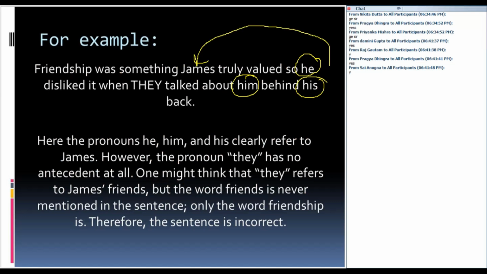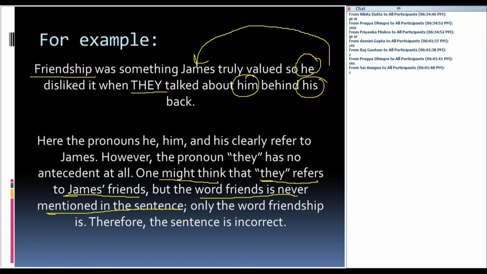But the question is, who are they? Now, you might think that they refers to James's friends. But the word friends is never mentioned anywhere in the sentence. It is implied. Actually, we find the word friendship mentioned. We don't find the word friends mentioned anywhere.